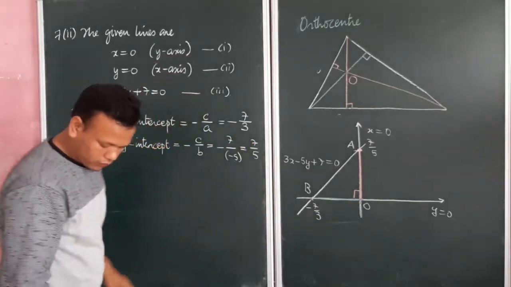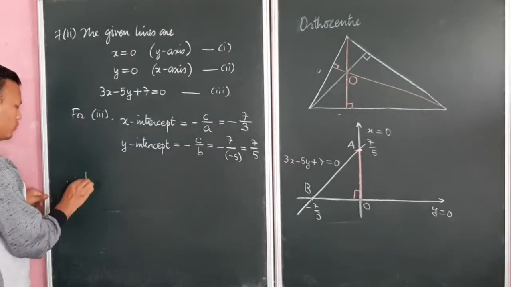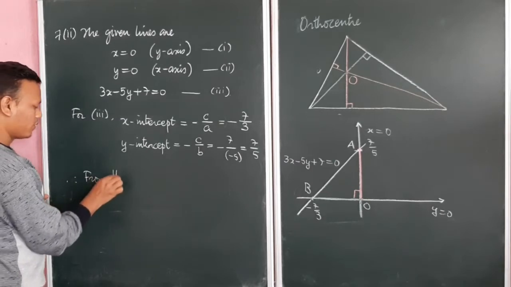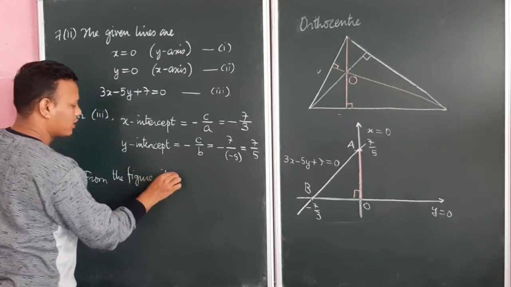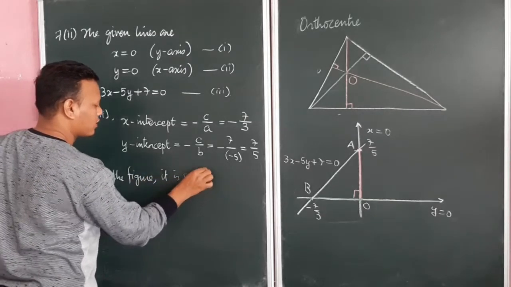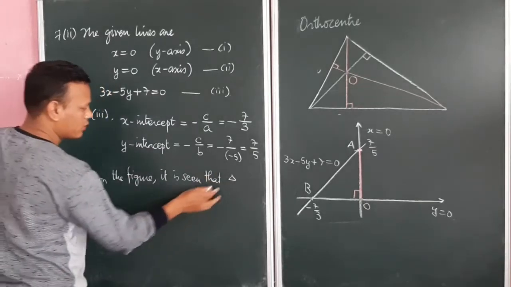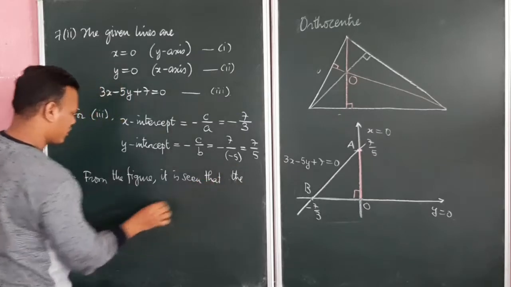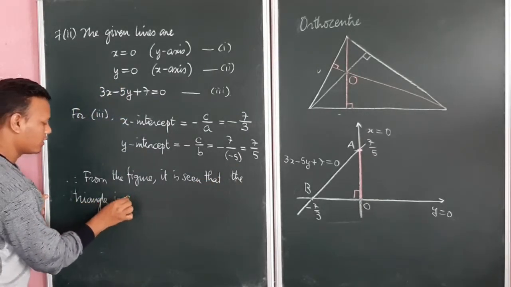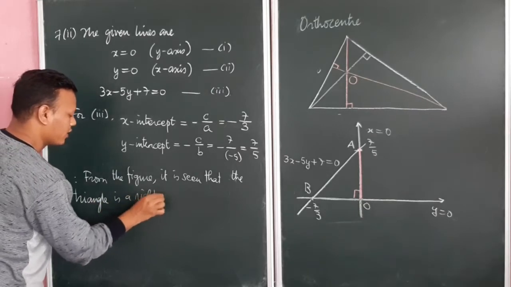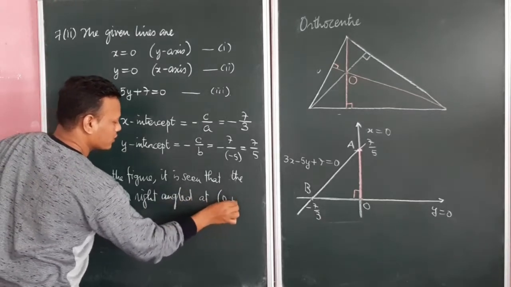From the figure, you have to draw the figure as well, all right? So therefore, from the figure, it is seen that the triangle is right angled at origin.